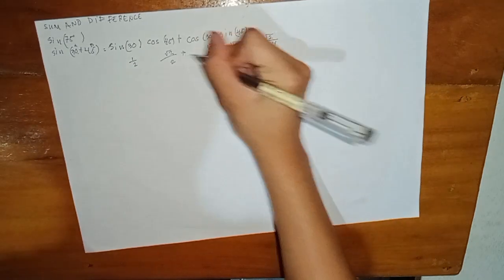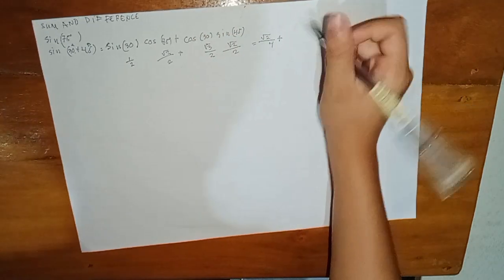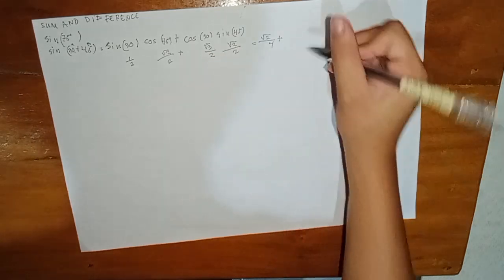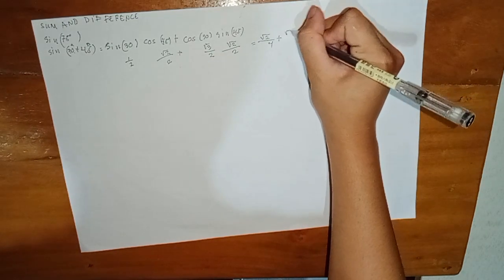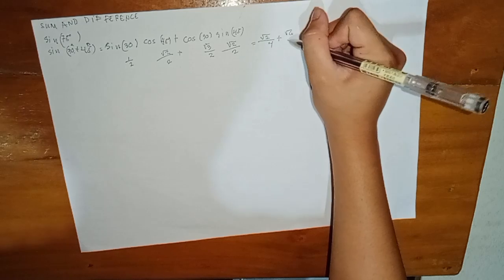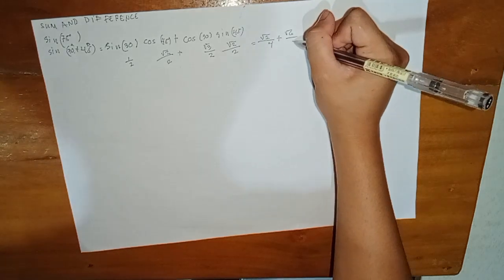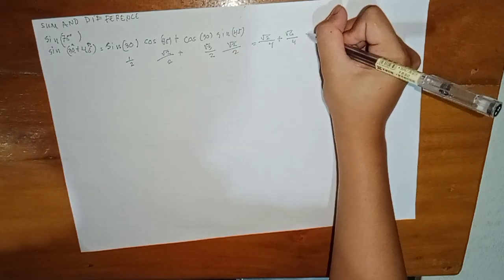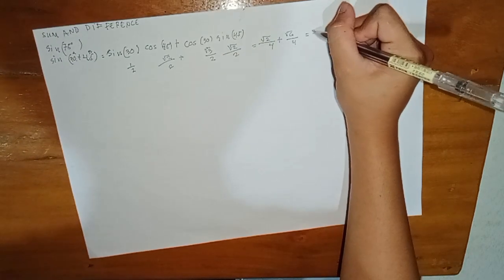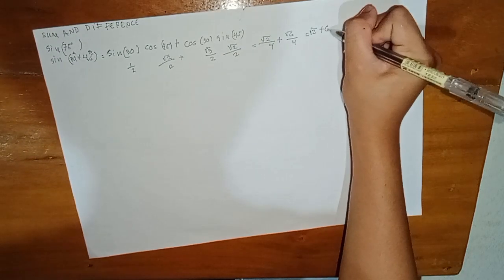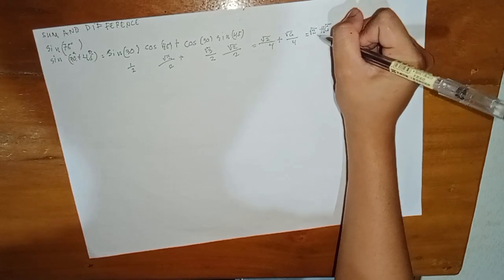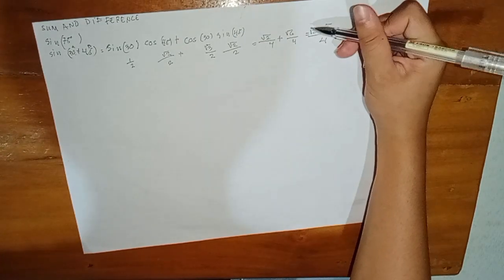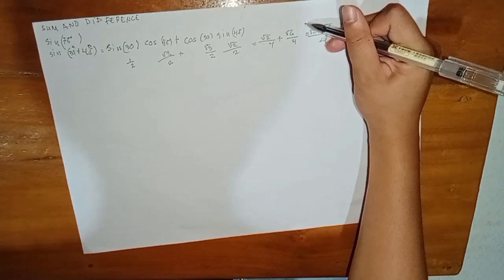Plus, we copy the sign, square root of 3 times square root of 2 is square root of 6, and the denominator is the same, 4. So the answer is square root of 2 plus square root of 6 over 4. That is the value for 75 degrees.